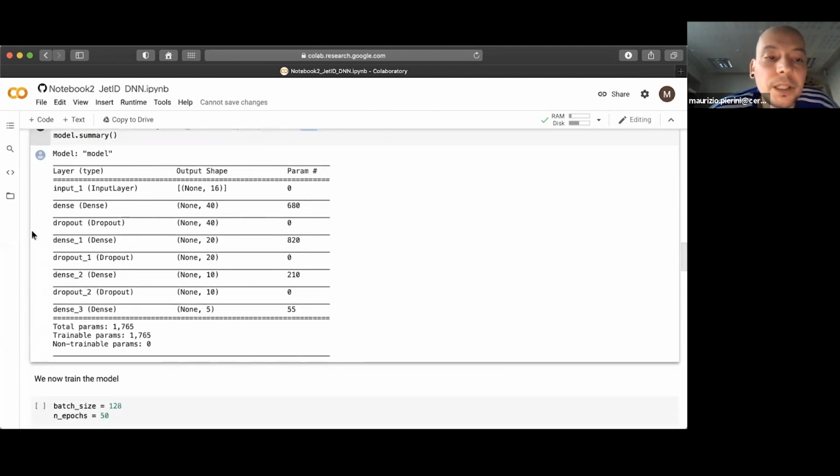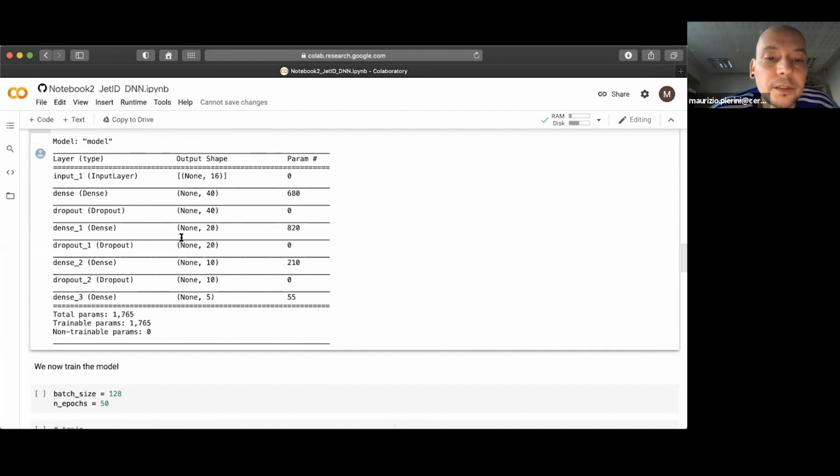This is my model summary. And you see that you have all the layers. You see that the first layer has 40 nodes and 16 inputs. And so you have 680 parameters. If you do the math, it's basically the kind of operations that we were discussing before, multiplying the tensors and then adding the biases. So it should be 40 times 17.